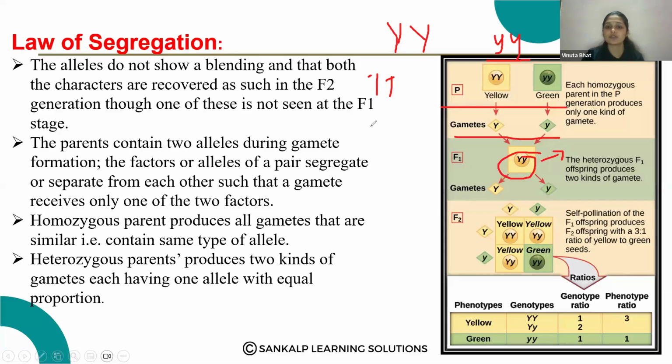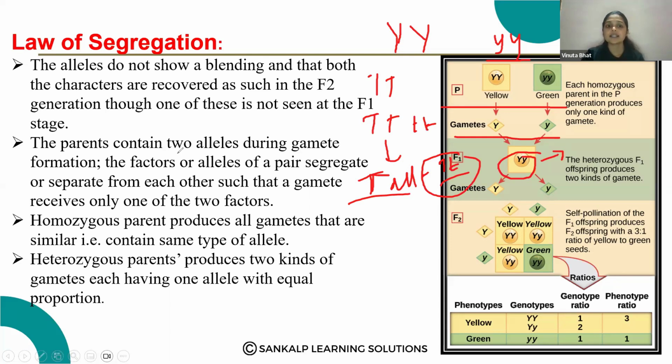For example, if you take the height of the plant, TT and tt, in the F1 generation all the plants were tall only, in spite of the presence of capital T and small t alleles. So there is no blending of the characters.